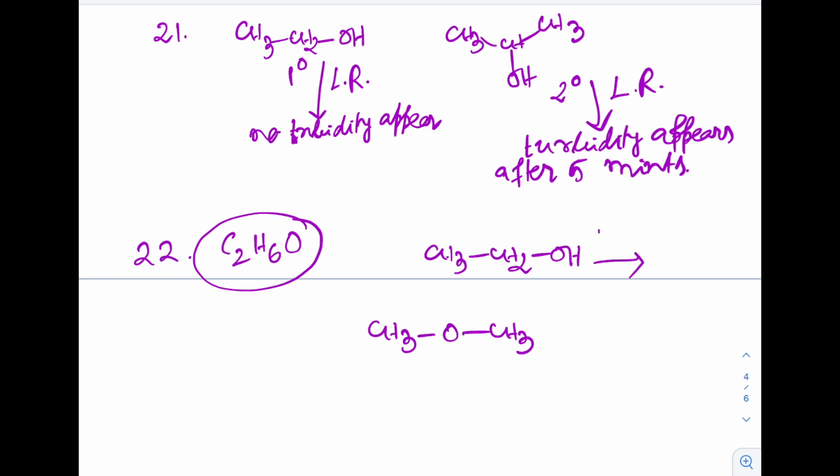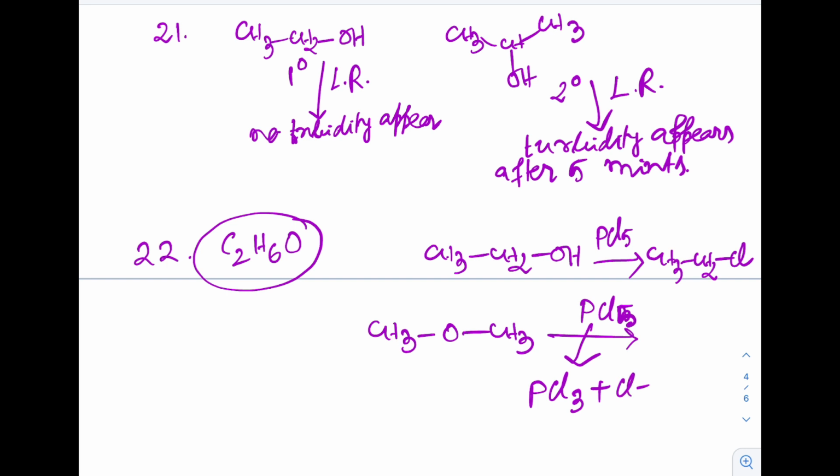So when the ether is treated with PCl5, think of PCl5 as PCl3 plus Cl plus Cl.